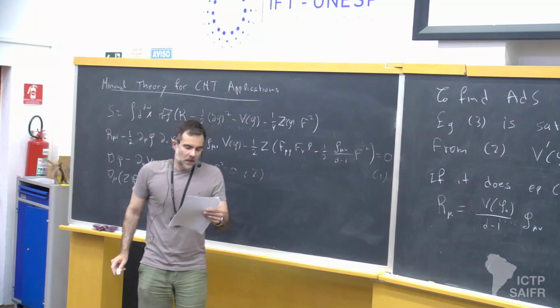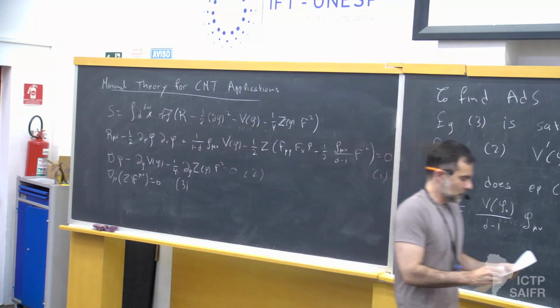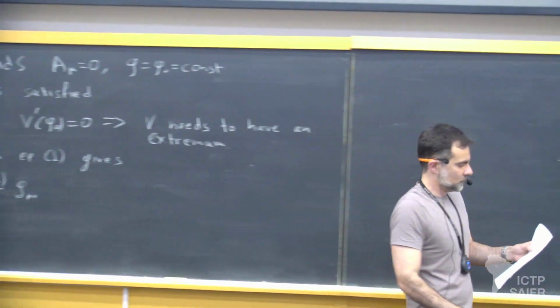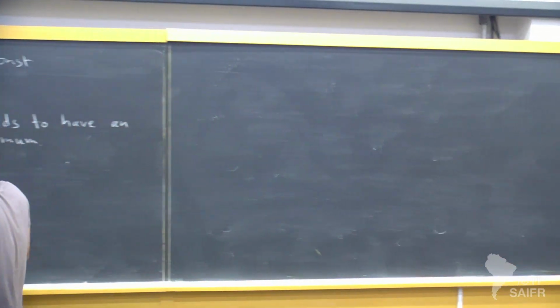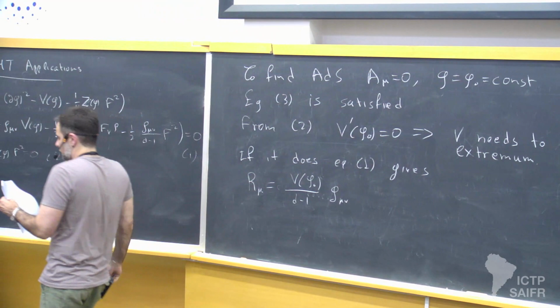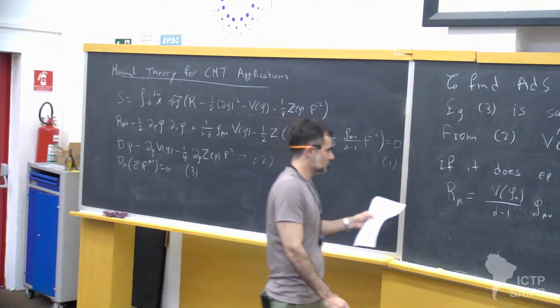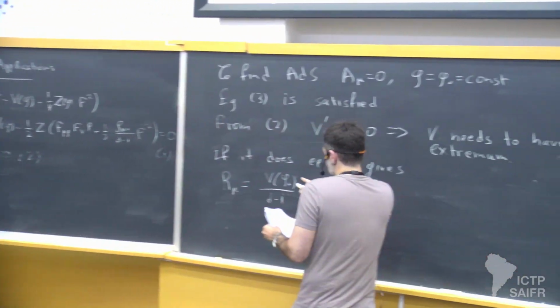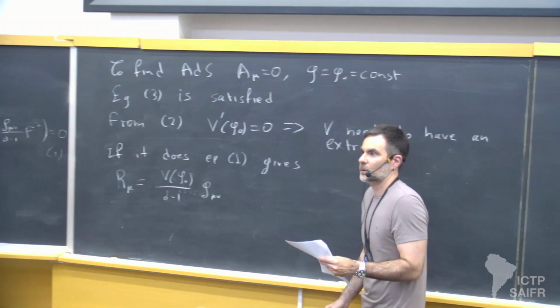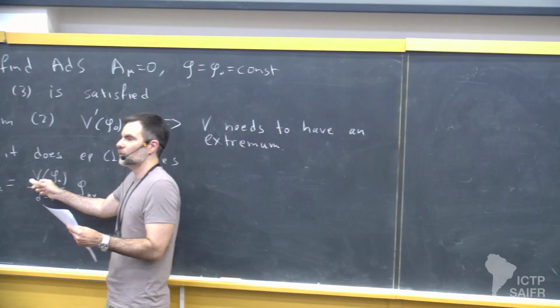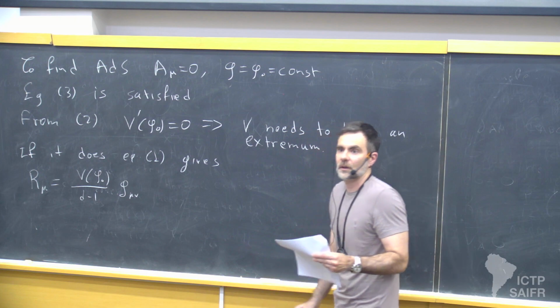Okay? So then my theory, in order to have at least one AdS vacuum, then the value of this extremum should be negative, right? Because I wanted to solve Einstein's equations with a negative cosmological constant. So V of phi naught would play the role of this cosmological constant.